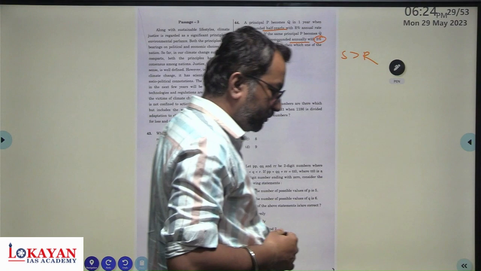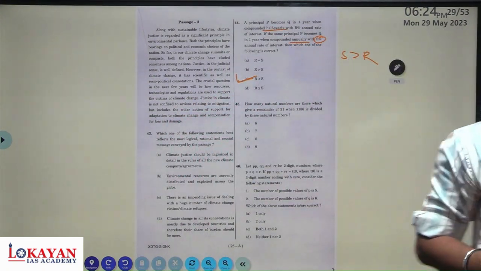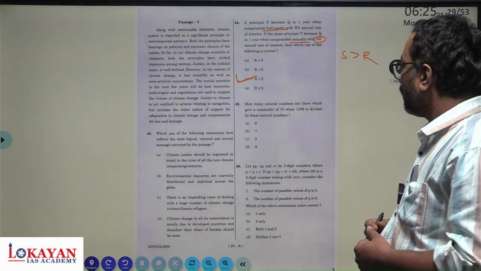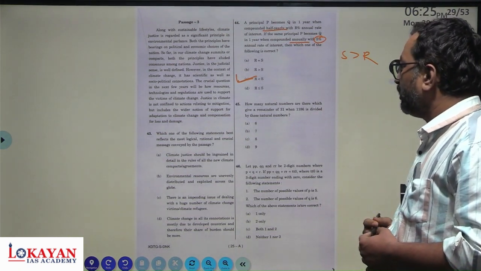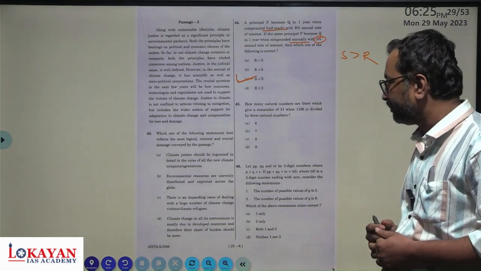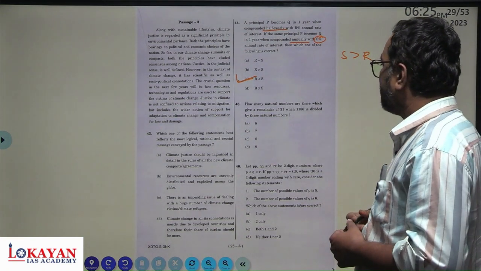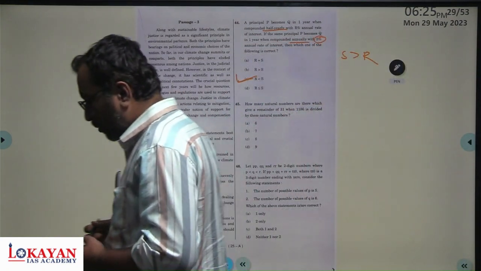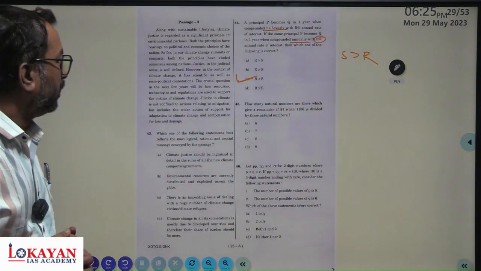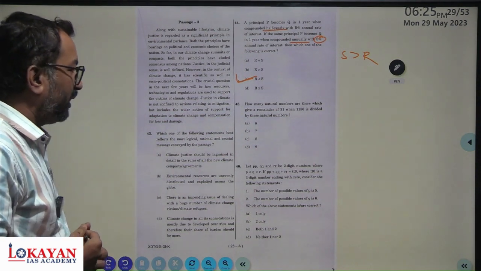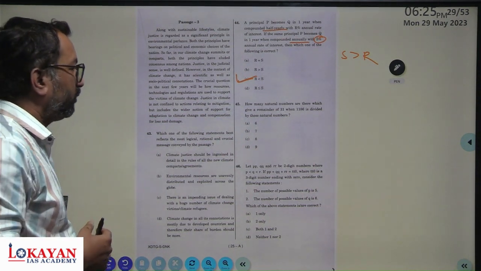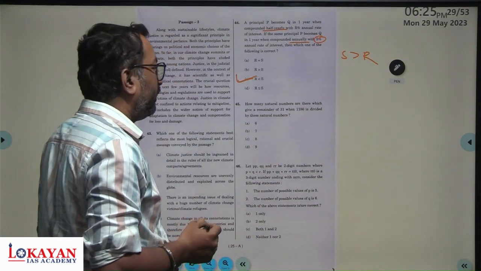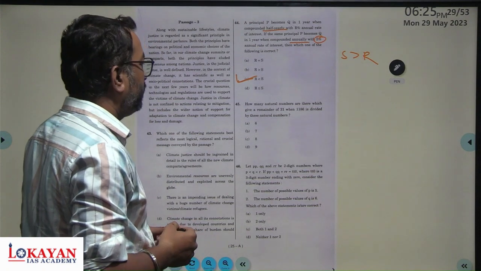Yes, next question. Question number 45. How many natural numbers are there which give a remainder of 31 when 1186 is divided by these natural numbers?